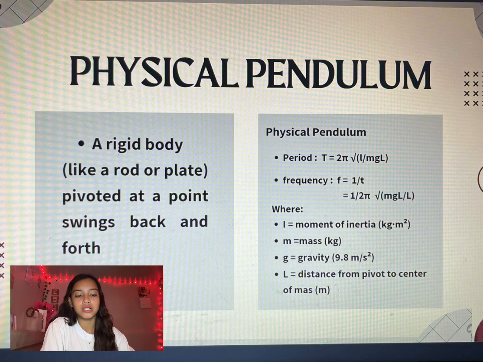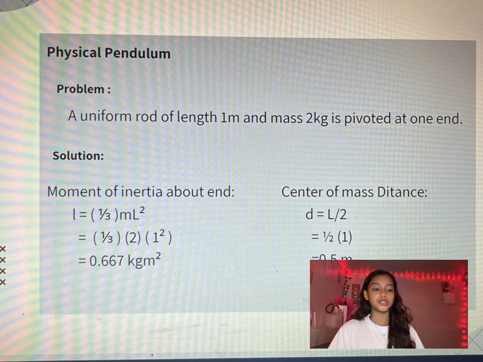This shows the motion of the pendulum depends not only on its mass and length but also on how the mass is distributed. The larger the moment of inertia, the slower the pendulum swings.